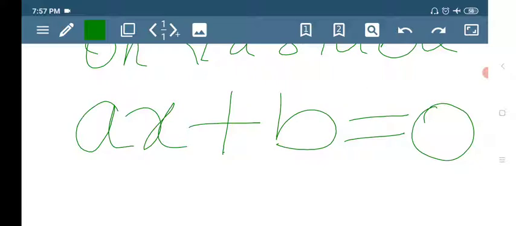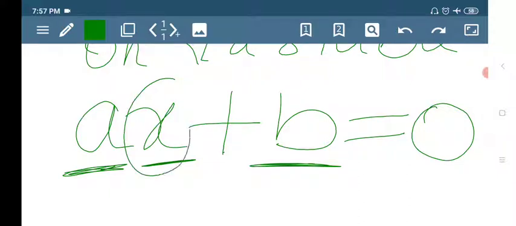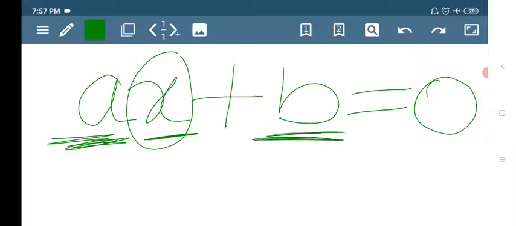So now, to avoid your confusion, you may say a is not a number, b is not a number, x is a variable. Dear students, generally we consider x, y, z, p, q, r, t as variables, and a, b, c as their coefficients and constants. In this linear equation, a is the coefficient of x.